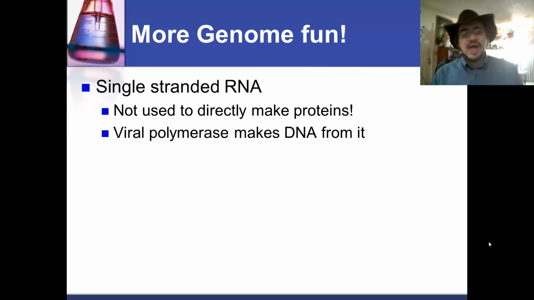Or you could even have a viral polymerase that makes RNA from the RNA. So it gets pretty crazy. In fact, if this were Bio 111, I'd be blowing your minds with the details. This is 105, so I'm not going to cram all of that down your head.